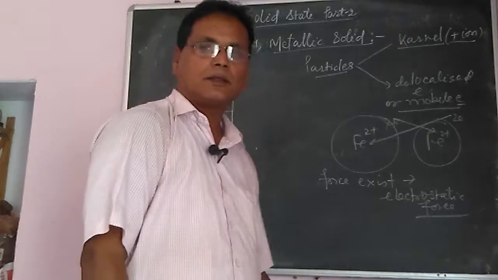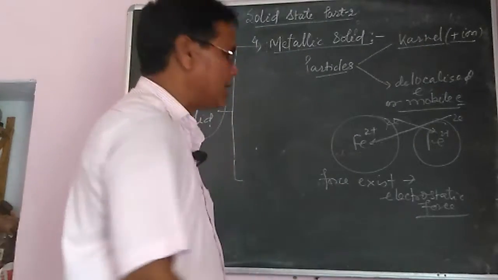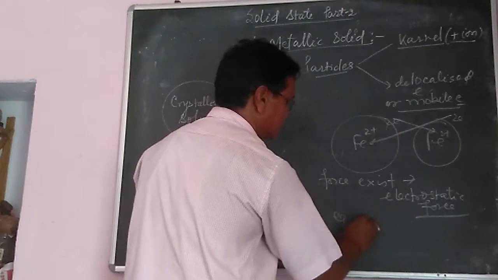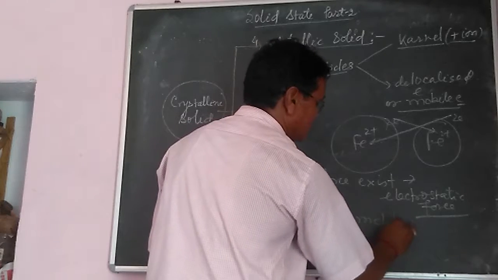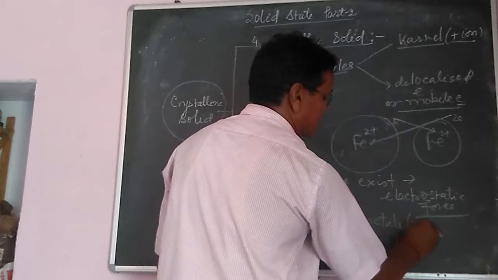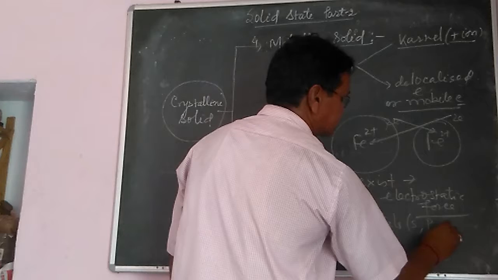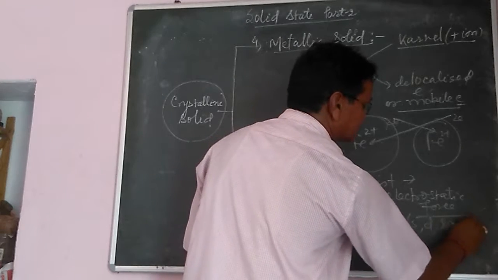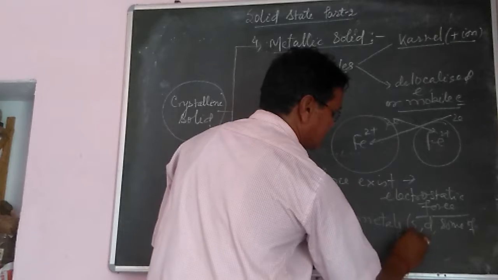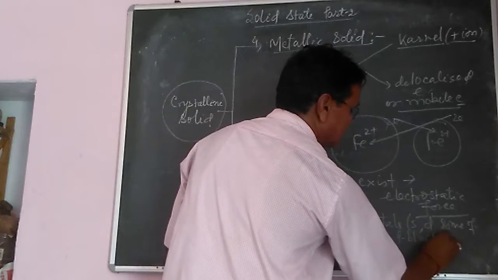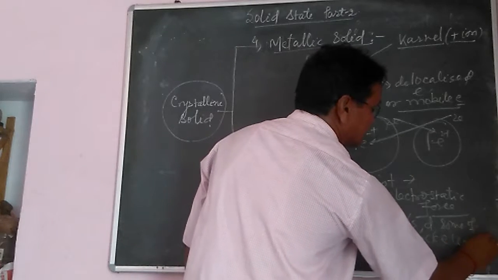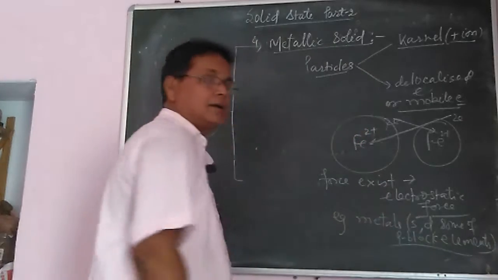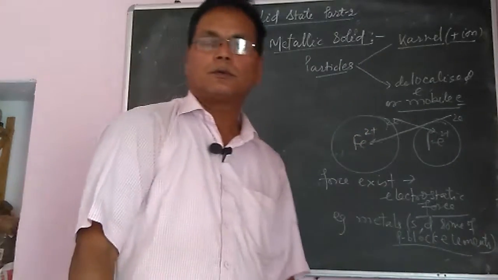The examples would be the metals, generally S block, D block, and some of the P block elements. They actually form metallic bonds.